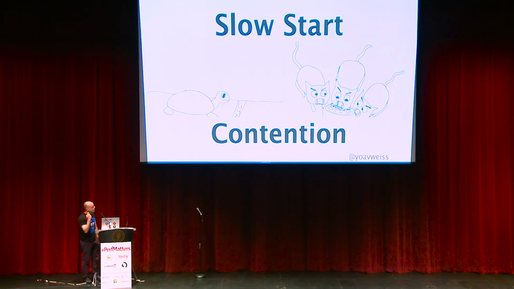And talking about solutions for both slow start and contention, I'll talk about them together because the solution is basically one and the same: reduce the number of connections we actually need to use, because every new connection suffers from slow start, and once we have multiple connections, that is a recipe for bandwidth contention.